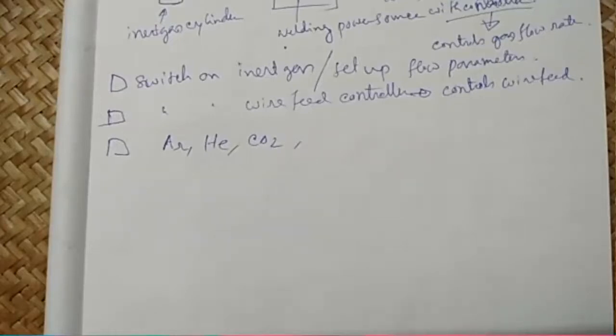But after welding for some time, you need to wait for the welding gun to cool down. Suppose it has a duty cycle: after using 10 minutes, you need to wait 2-3 minutes to cool down the welding gun. Otherwise the welding gun will heat up and may be damaged.